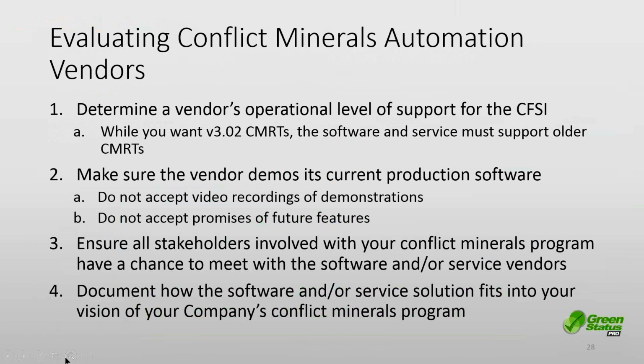You need to make sure that whatever software you have is going to be able to handle the range of CMRTs that are available and can take that data and at least help you bring it up to the latest standard. It'll help simplify your reporting process and help deal with the percentage of suppliers that are less responsive and do not provide the updates you require.